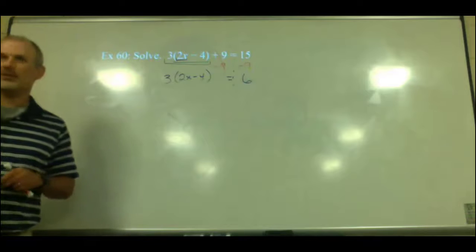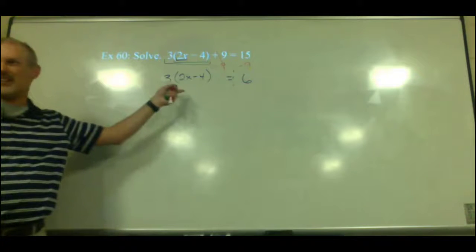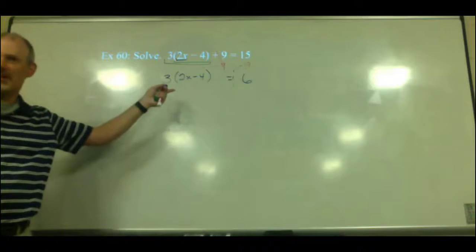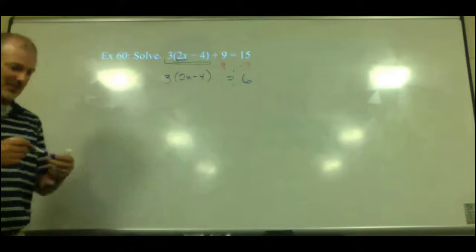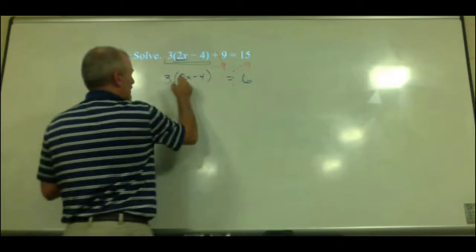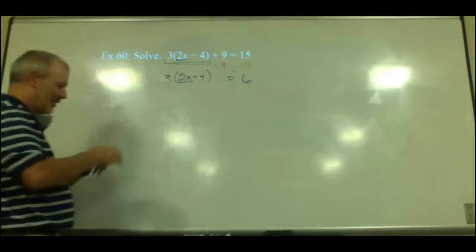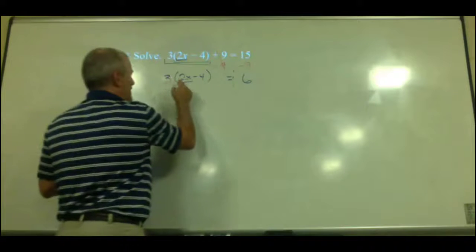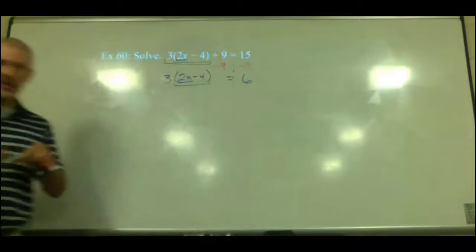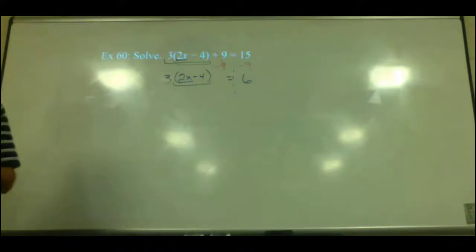Now, again, I want to reassure you, because doesn't this look almost exactly like the last example that we just did? Now there are 3 things to get rid of. Again, if we think about what's grouped together, that's the very, very inside layer, and this is the next inside layer. So what are we going to get rid of next? The 3. How do we get rid of the 3?